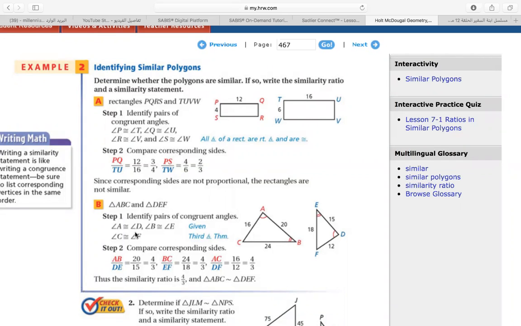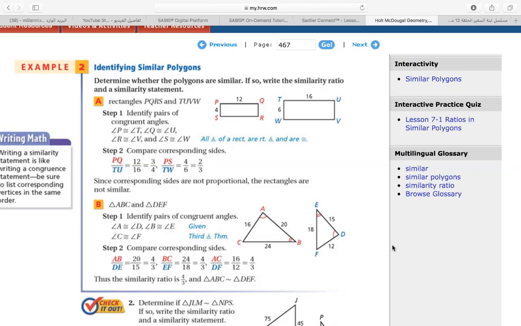Or you want to call them 1 and 2? 1 and 2 is easier. Okay. So A, B, C is triangle 1 and E, D, F is triangle 2.